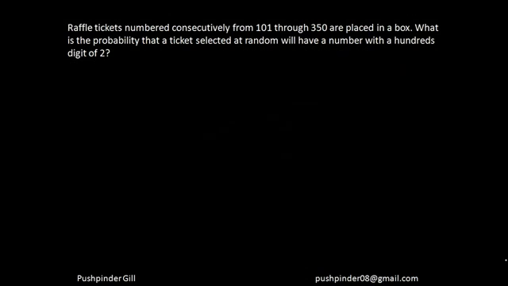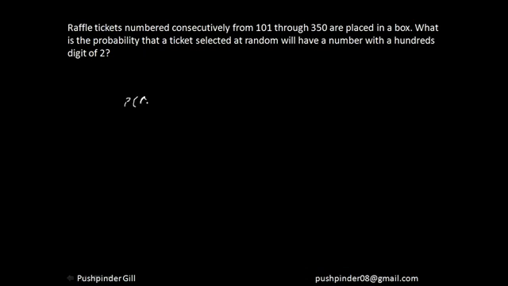So let's move forward. Okay, the raffle tickets are numbered consecutively from 101 through 350 in a box. What is the probability that the ticket selected at random will have a number with hundreds digit of 2? So what is the formula for probability, guys?